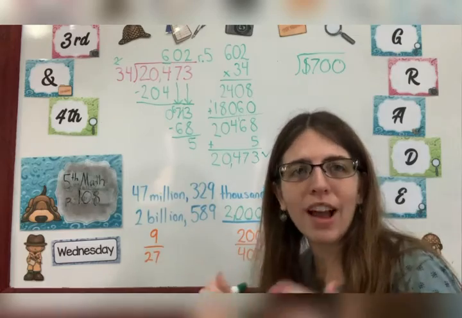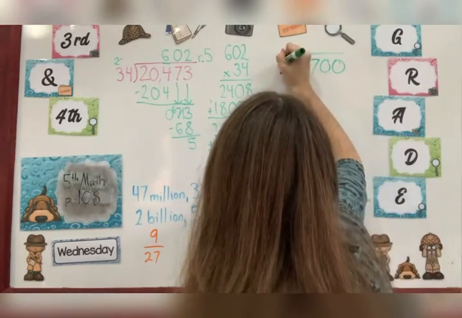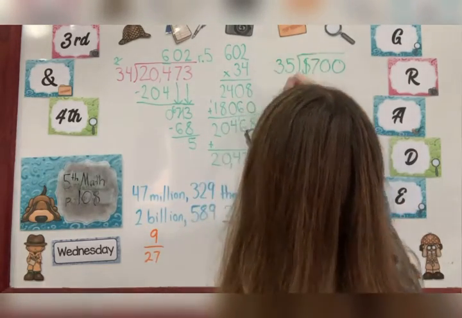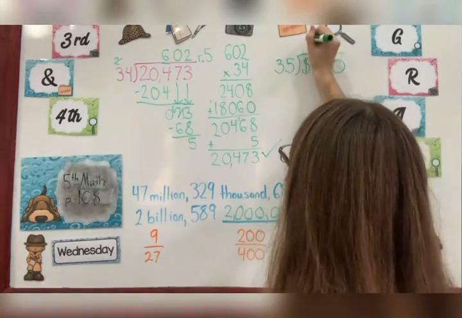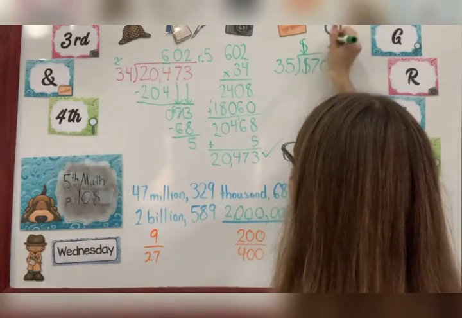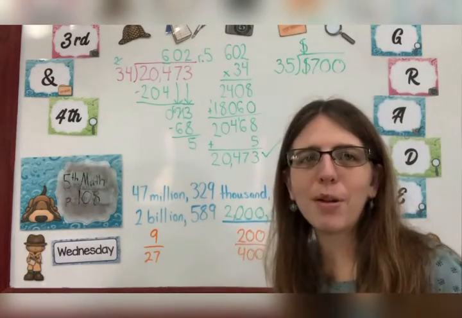Well, we had 35 students, so that was 35 donations. So we divide 700 by 35. Put your dollar sign up top before you begin dividing, and your answer to that division problem will be the answer for your problem.